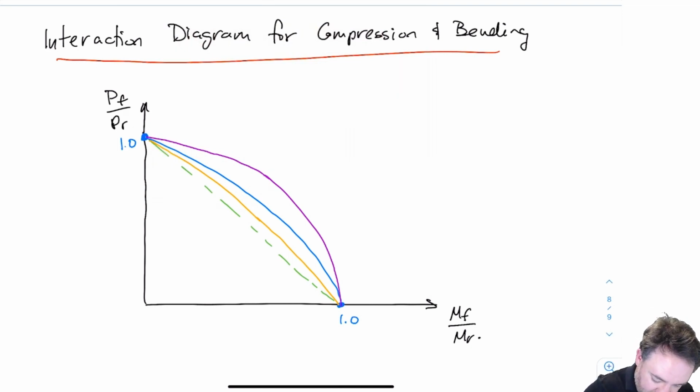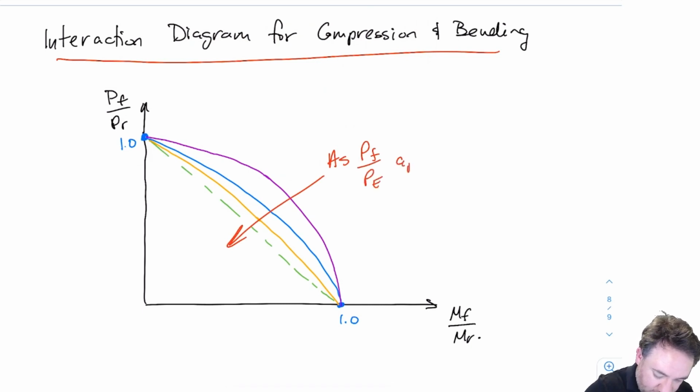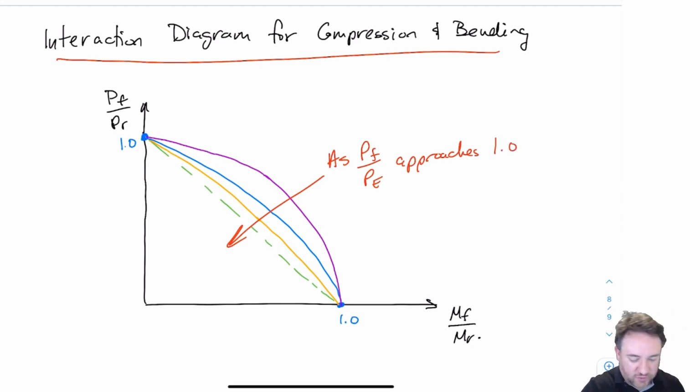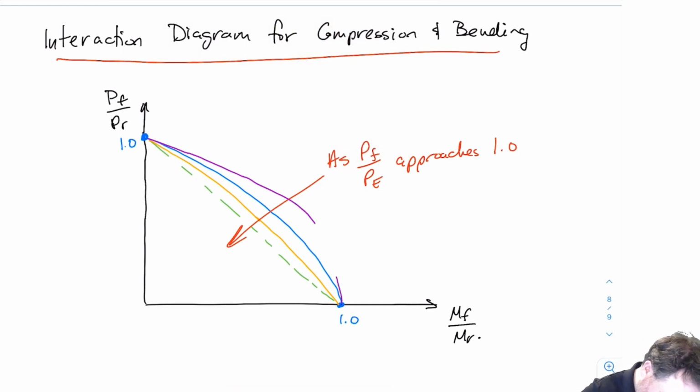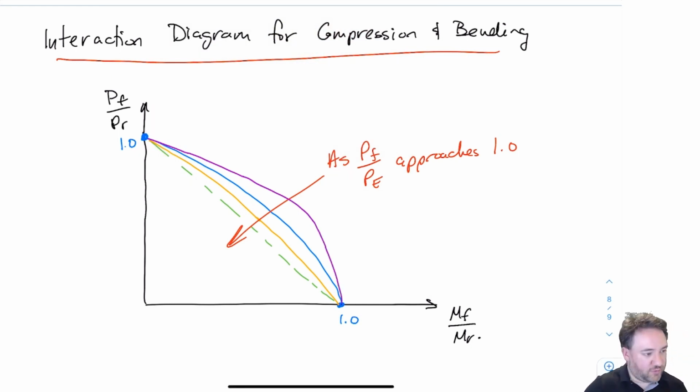So basically, as PF over PE approaches 1.0, I get closer and closer to that straight diagonal line. It's not totally like the way that I've drawn it here. Actually it comes off more diagonally, starts off a bit more straight, and then tends to curve towards the end. That's more what it looks like. Something like that.